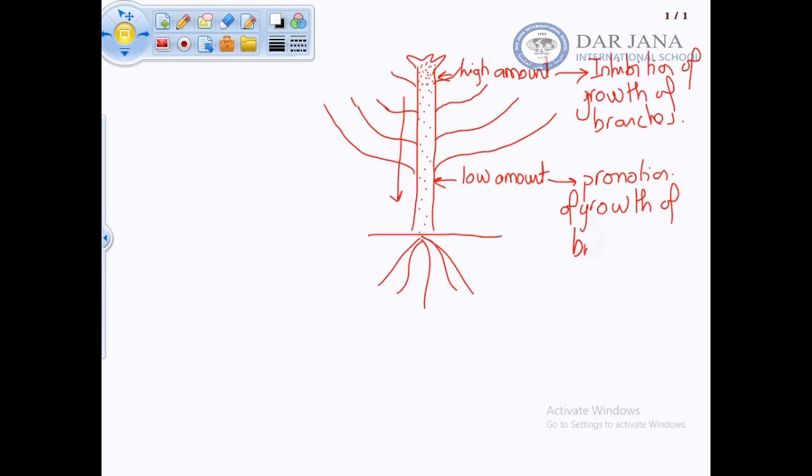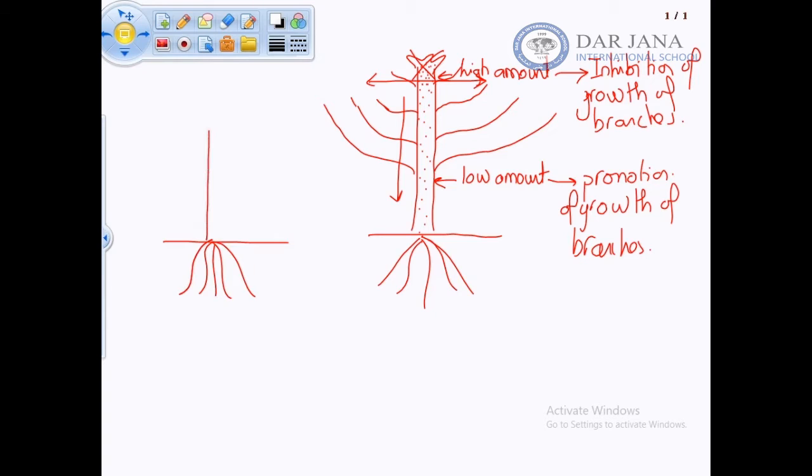Imagine what could happen whenever we cut the apical meristem. Imagine we have cut the apical meristem and it is not available anymore. What could happen? If we cut the apical meristem, will there be any auxin production? For sure not.